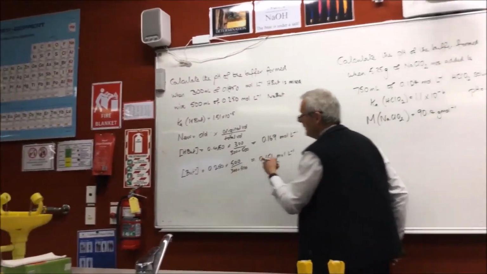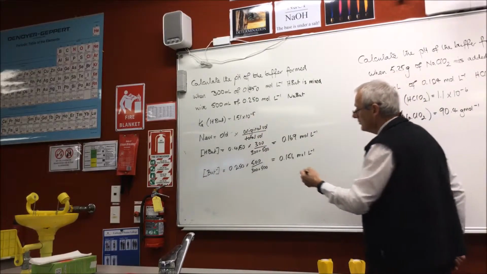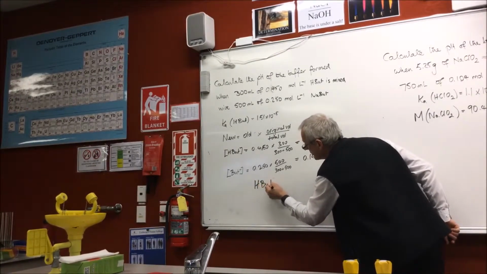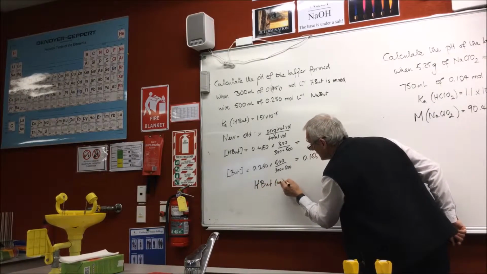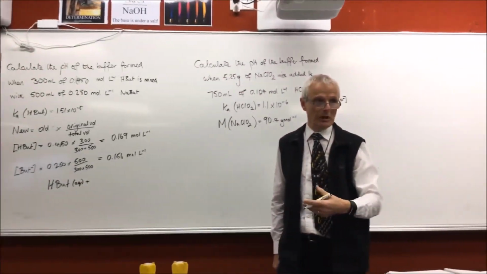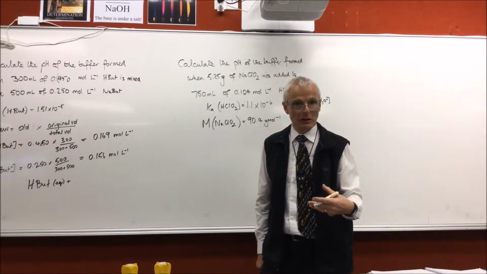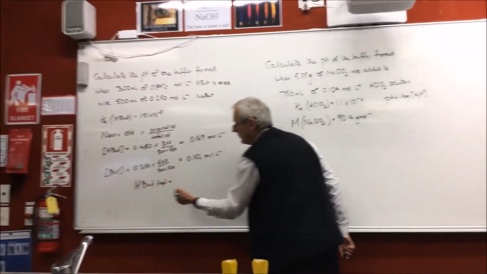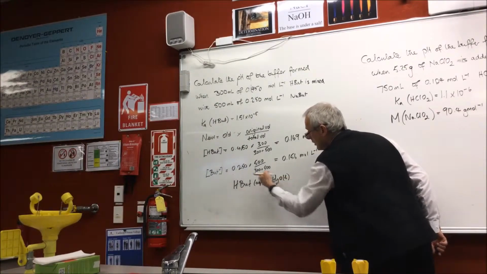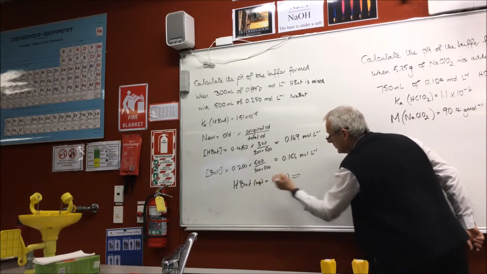Now, we've been given a Ka here, so let's write out the expression and the equation for it, and this hopefully will make it clear what that actually means. I use these funny things because it's a lot easier just to make up numbers. It's no real acid, but it's just going through the process of doing the calculation. If this is a weak acid, when you add it to water, it's going to lose that proton to water to form H3O plus and BUT minus.